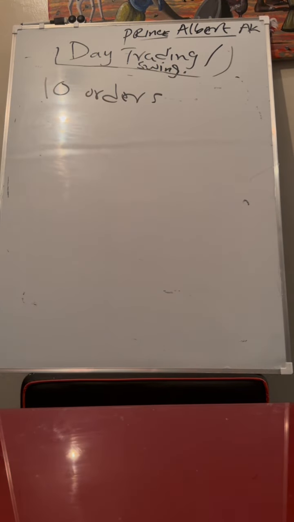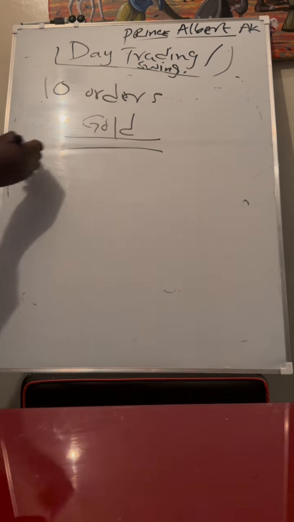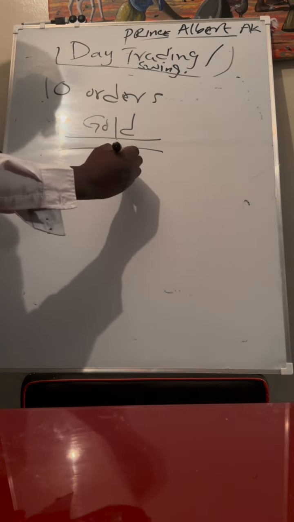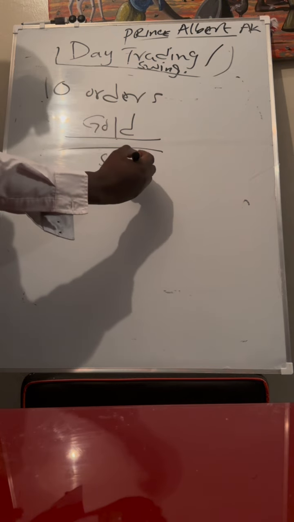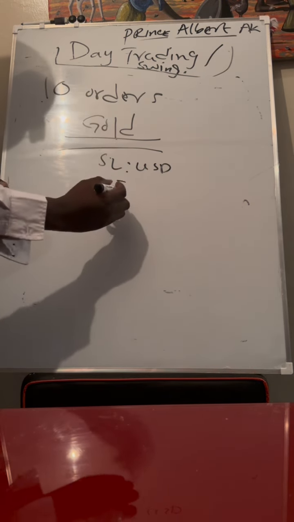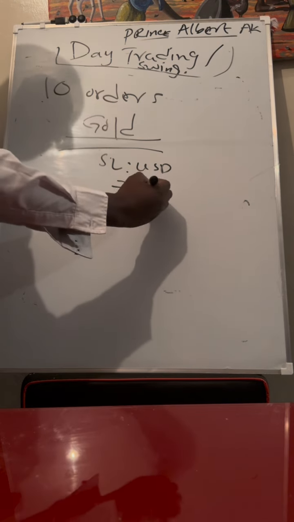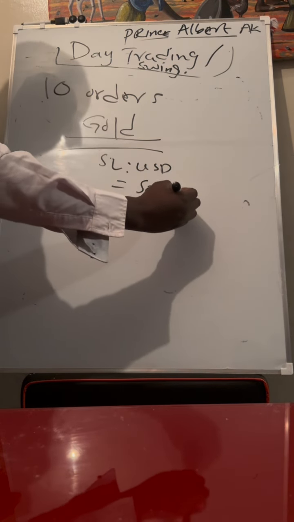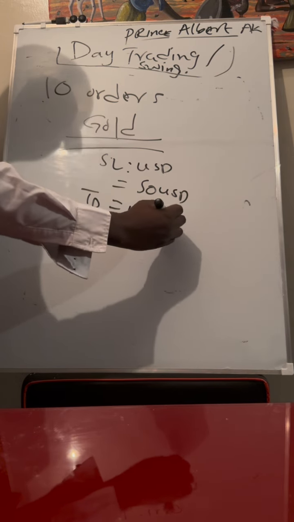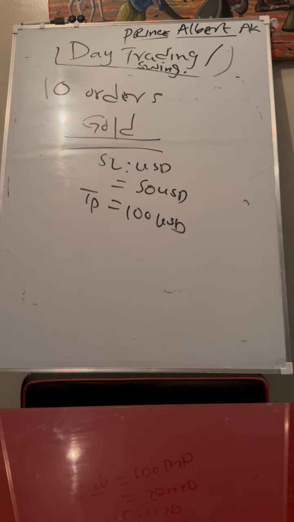So on gold, because gold is very volatile, how are you going to set your stop loss? Stop loss for gold, when you use the same formula, you use dollars, you use USD to calculate the stop loss. So you'll say my stop loss will be 50 USD, my take profit will be 100 USD. Of course it's USDC, remember.